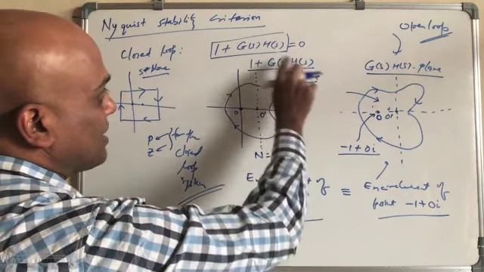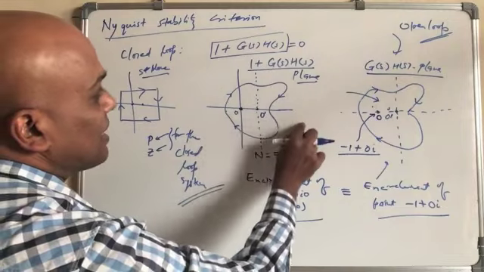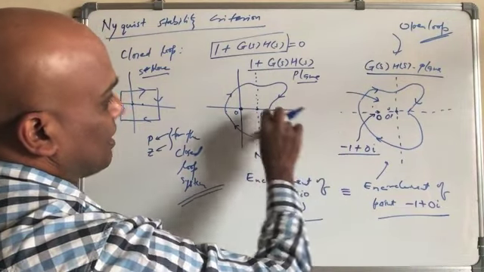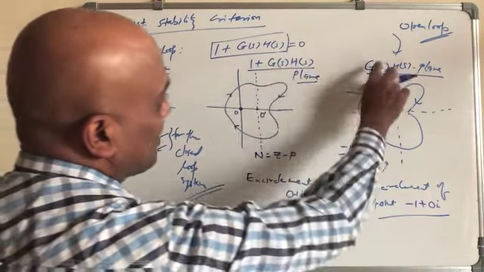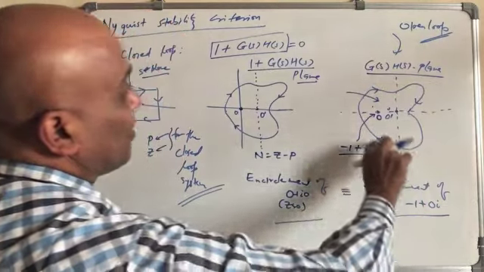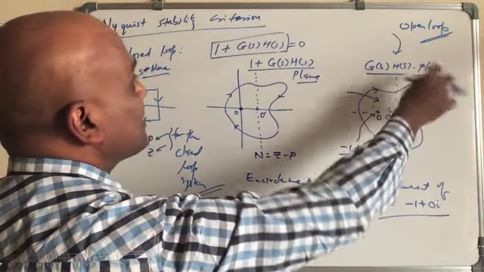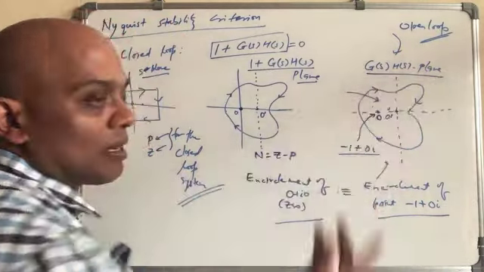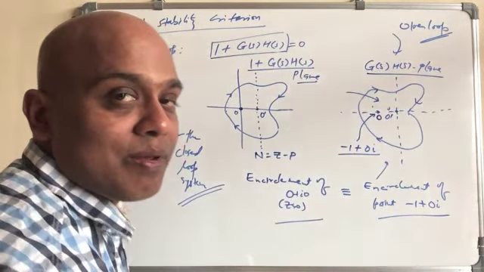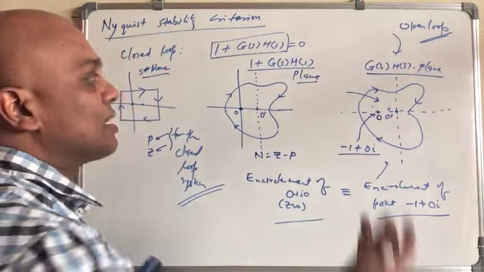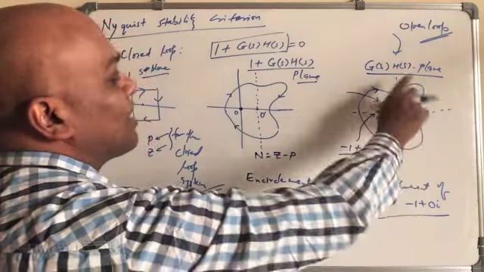We will plot the map of that, and then from there we shift by -1 and we will get the GS HS plane. This GS HS plane is nothing but the open loop plane, basically the transfer function corresponding to the open loop transfer function.